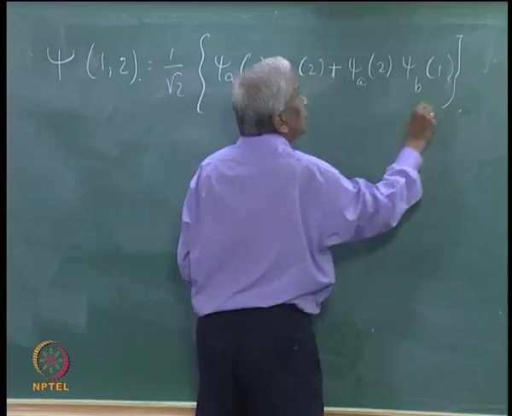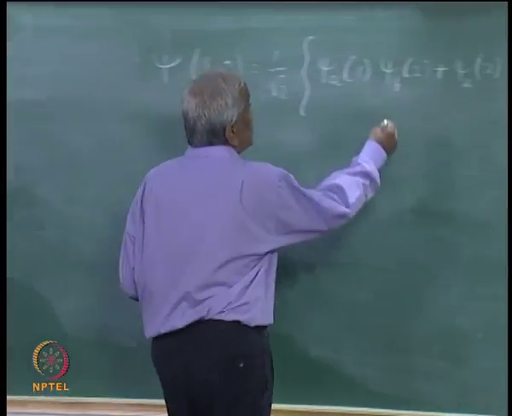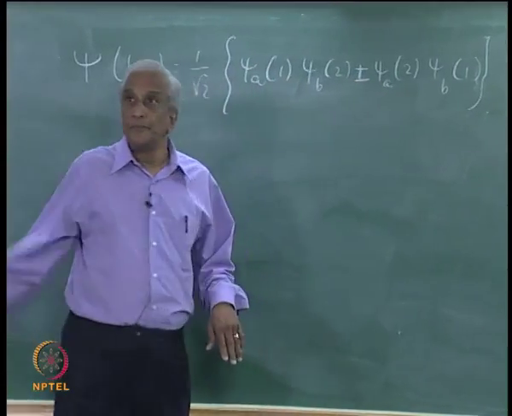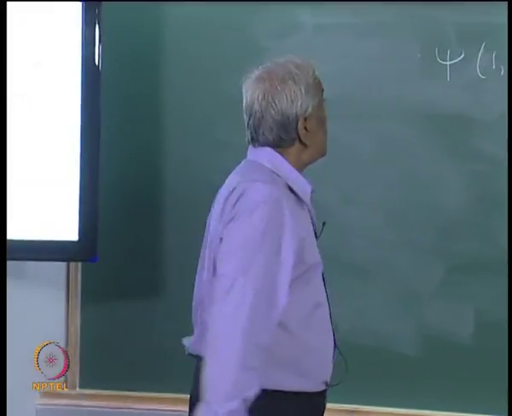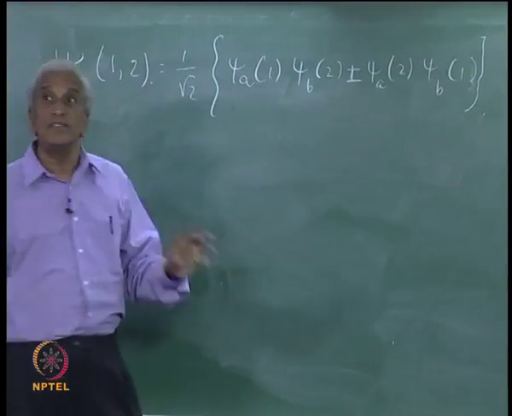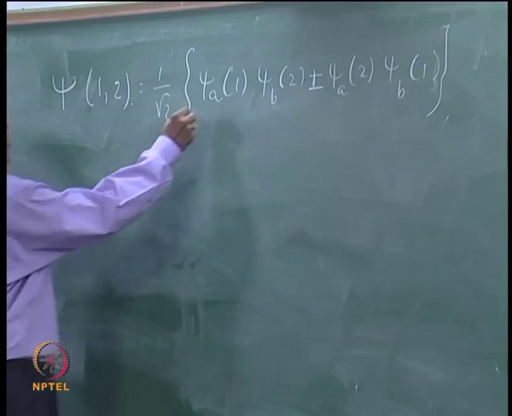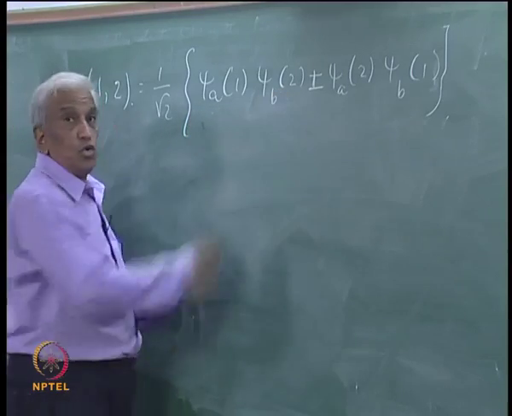What is the meaning of this? It can be plus or minus. In other words, you have two linear combinations of the individual atomic wave functions.